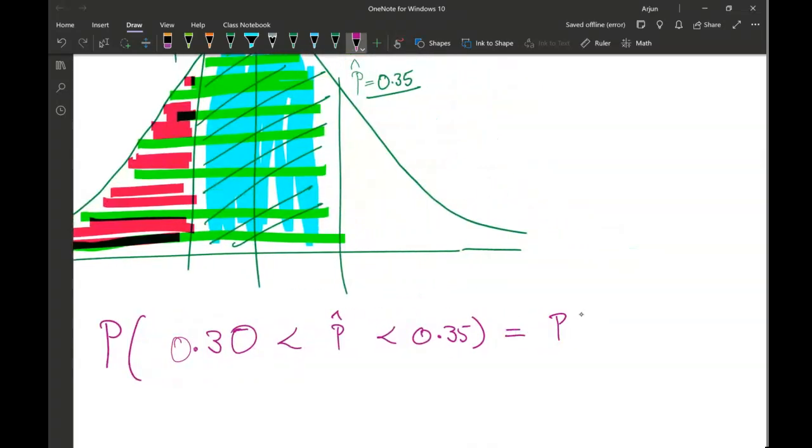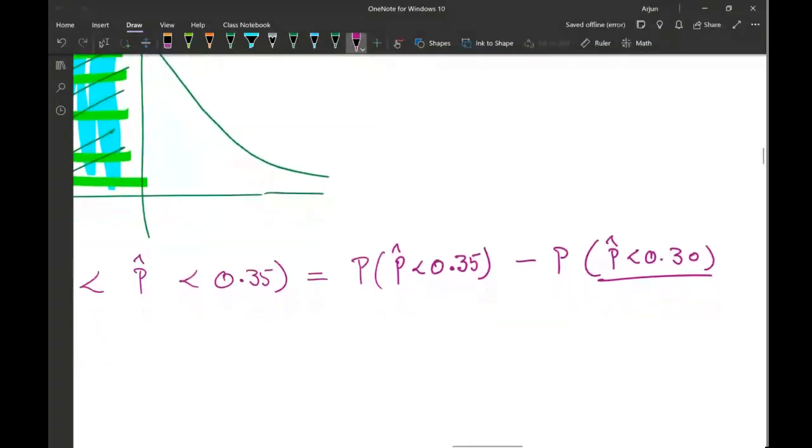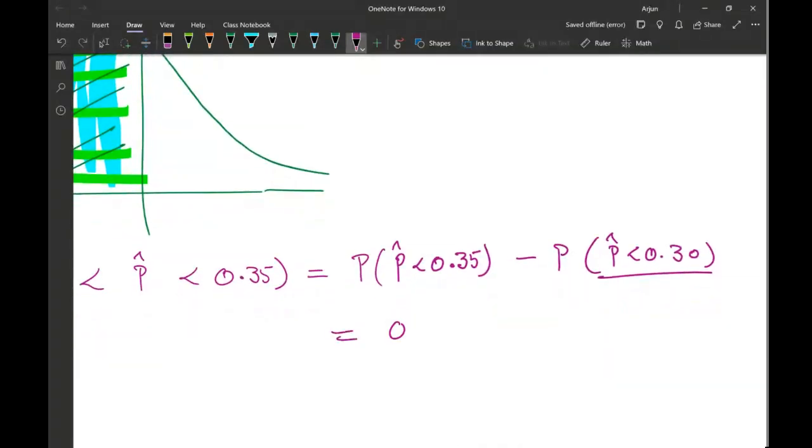That will be equal to the probability of p hat less than 0.35 minus the probability of p hat less than 0.30. Once you do these steps, you will be able to get the answer for this one. For the first, it is 0.35 minus 0.33 divided by 0.0588. How did I find that out?